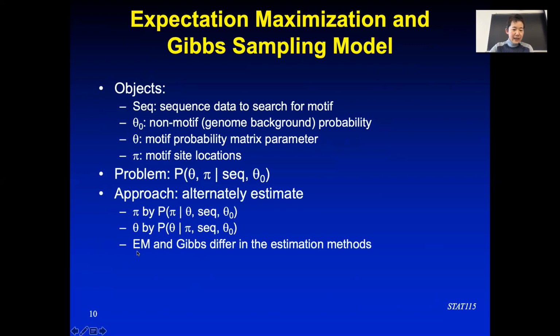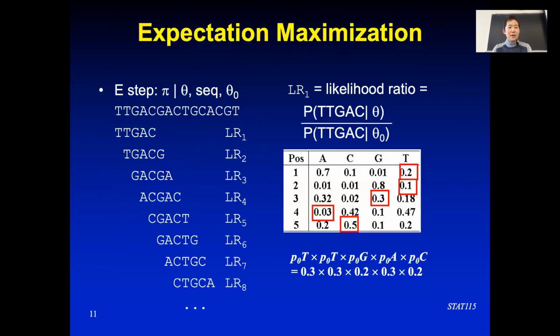And so expectation maximization and Gibbs sampler both use this approach, except that in their estimation methods, they are slightly different. So let's see how expectation maximization works. In the E step, remember, we are given all the input sequences and the genome background, and we just randomly initialize our matrix somewhere.